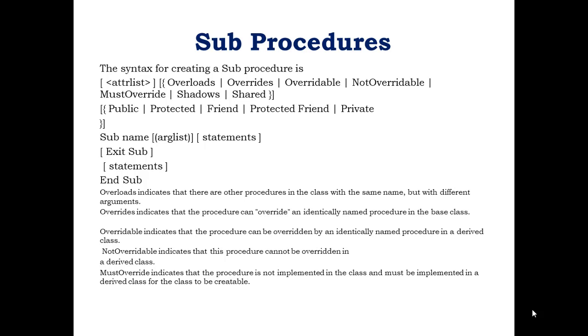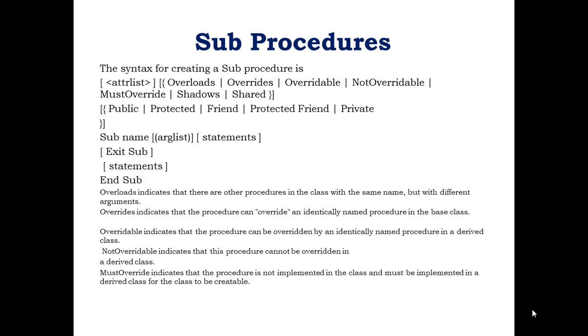Name is the name of the procedure. Then the argument list, ARGLIST. Next, the statements involved in the task of this sub procedure. Whenever you want to exit the sub procedure, use the command Exit Sub. You can then write statements after that. Finally, End Sub is the closing keyword of the procedure.